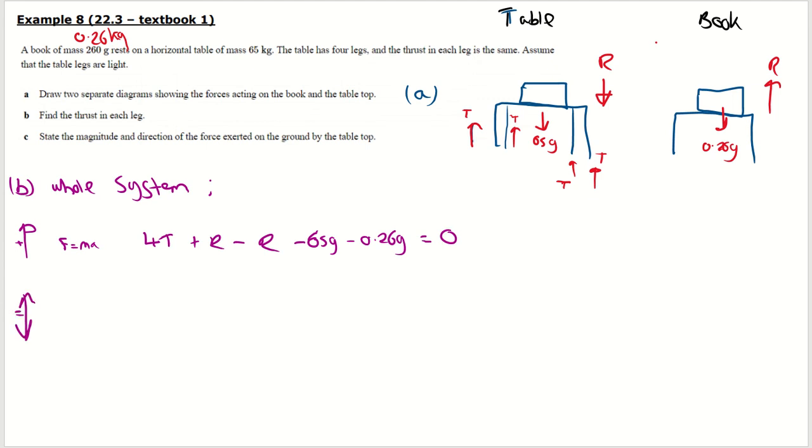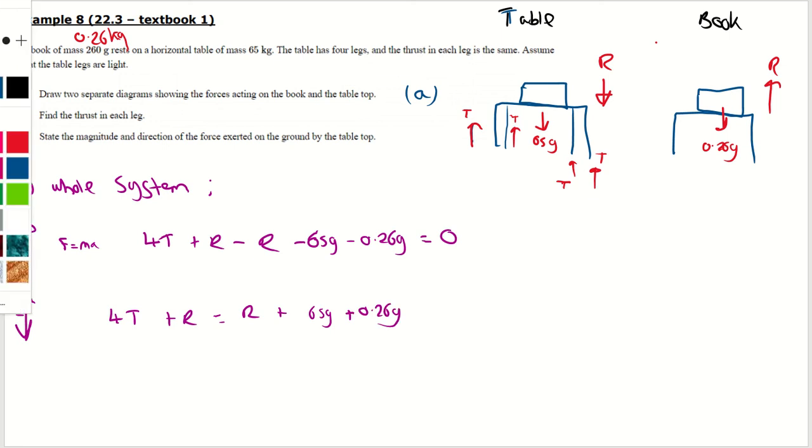Or you could say, well, it's clearly in equilibrium, so the forces up equal forces down. So you'd have 4T plus R equals R plus 65g plus 0.26g. And in either one, you can clearly see that the R's are going to cancel out anyway.